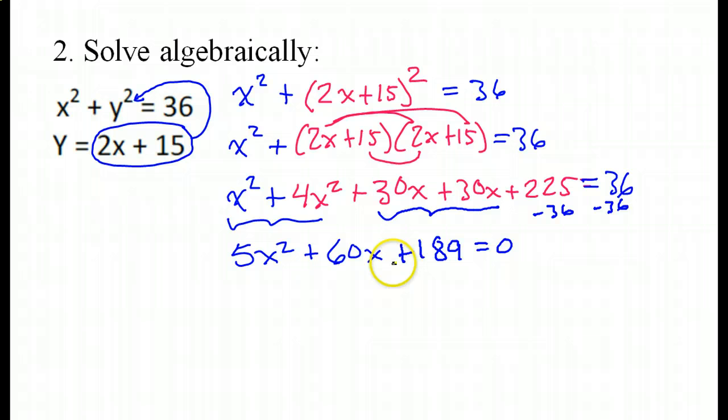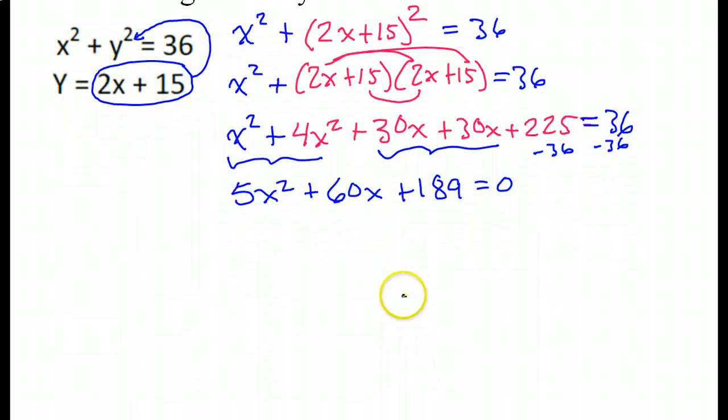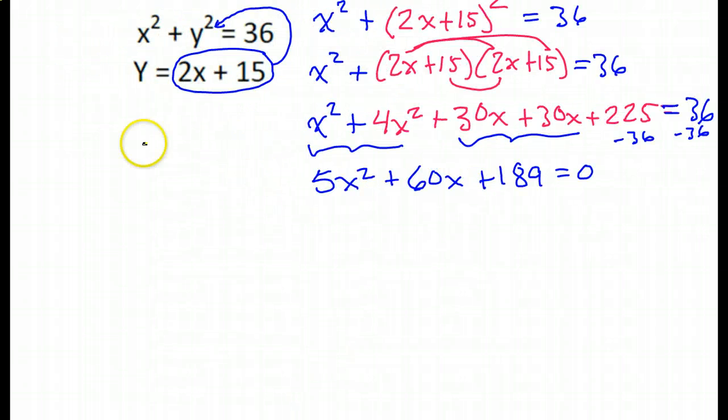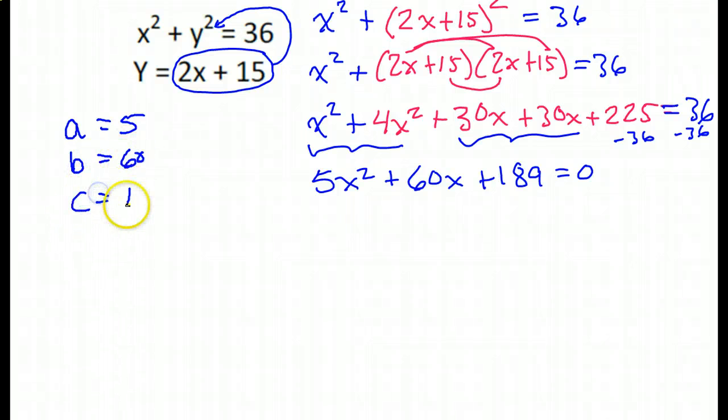Okay, I'm going to go straight to the quadratic formula again. This looks ugly. I want no part of this. Okay, so quadratic formula. So we have A is 5 and B is 60 and C is 189.